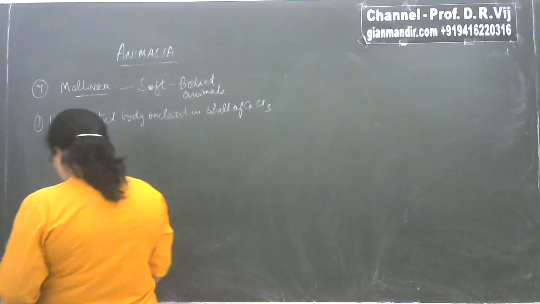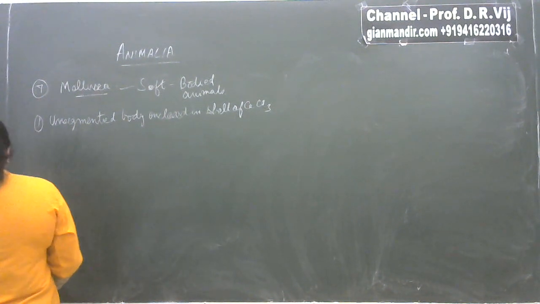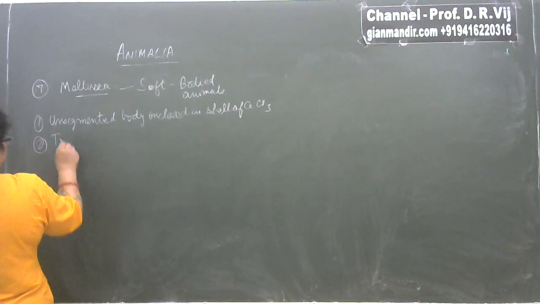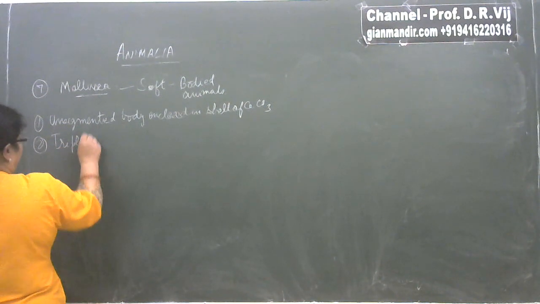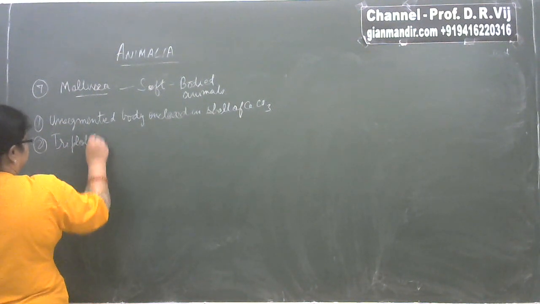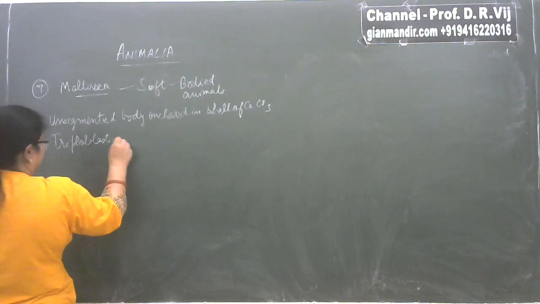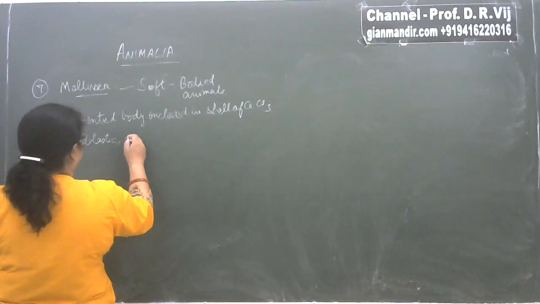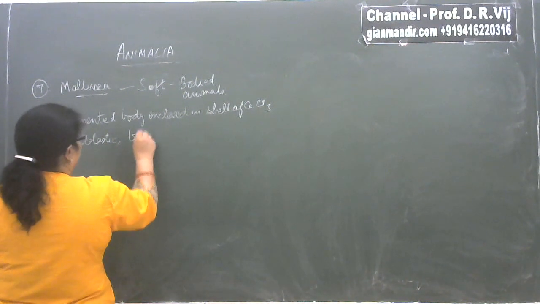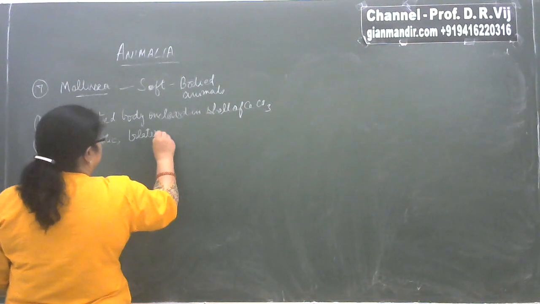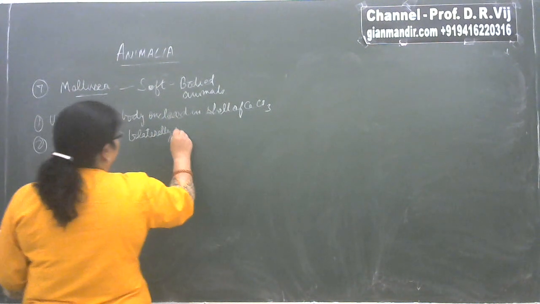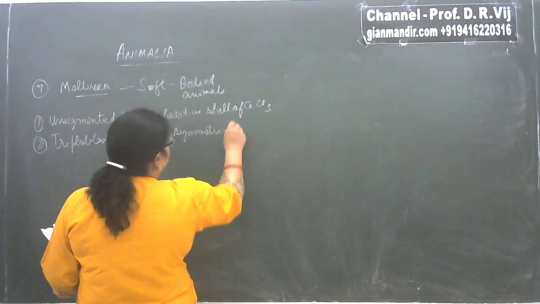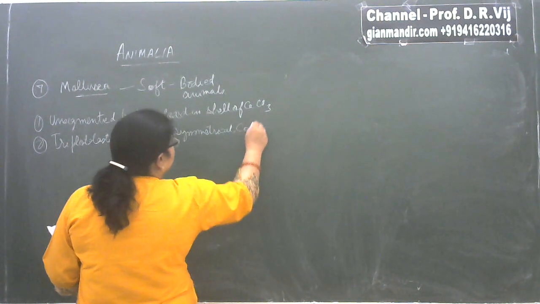So they have a hard covering over their body, and again body is triploblastic, bilaterally symmetrical and having a true body cavity. And due to presence of true body cavity, these are also known as coelomate.